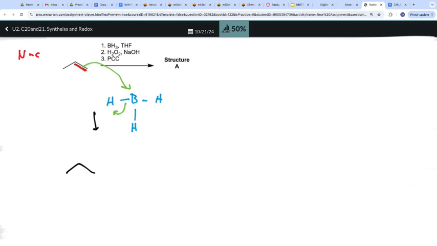Where do I want to attach the boron? Because there's two carbons of the alkene that have electrons. Technically, I've got the middle one or the end one. You want to go to the least substituted. Why do you want to put it at the least substituted? It's got the least electrons around it. Wait, I'm trying to process what you said.